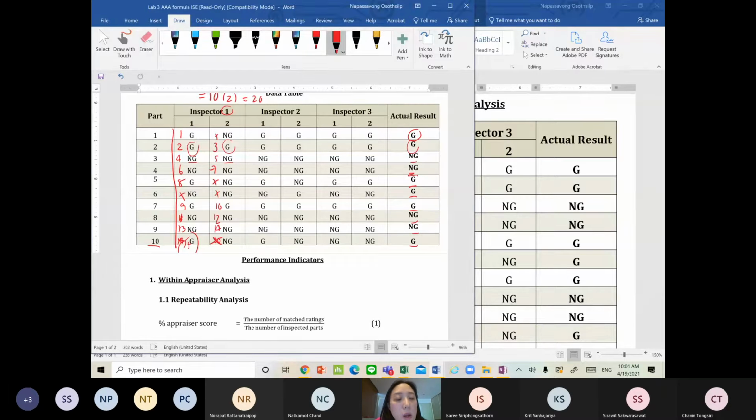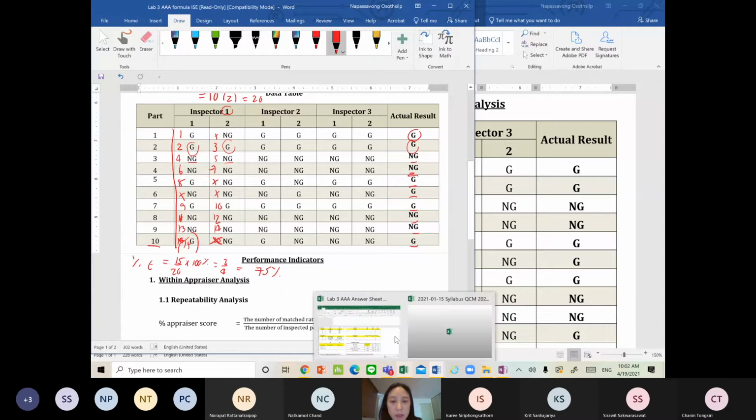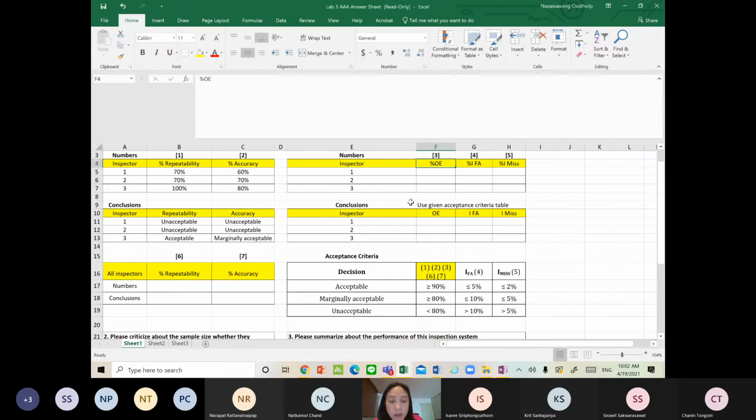So the percent OE for this operator is 15 out of 20. And then you make it to percentage, which is 75%. So you write it down here for inspector number 1, that the percent OE for this inspector is 75%.